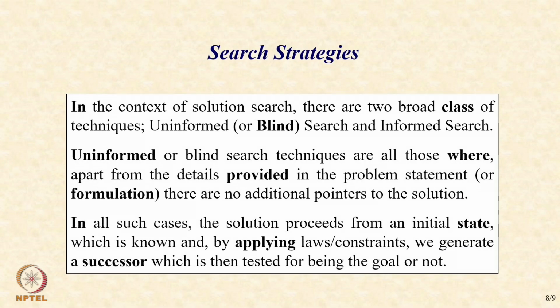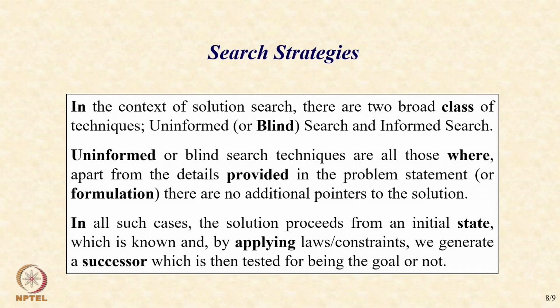So, in the blind search, the problem statement or formulation, there is nothing else there. There is a problem formulated and now you go and do it. So, obviously the solution will proceed from an initial state, and then we keep generating a successor, which is then tested. For example, the 8 puzzle that we were just talking about is essentially of this kind. We do not know anything about the problem.